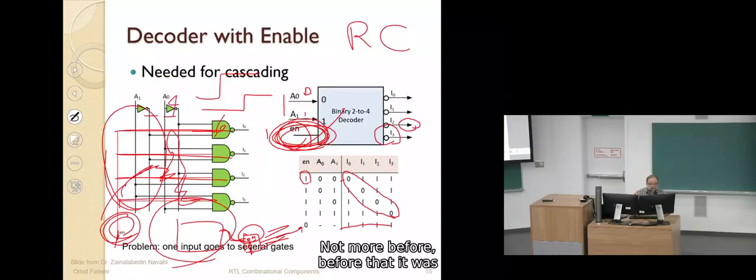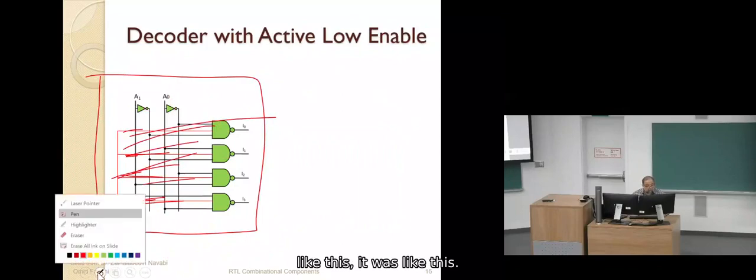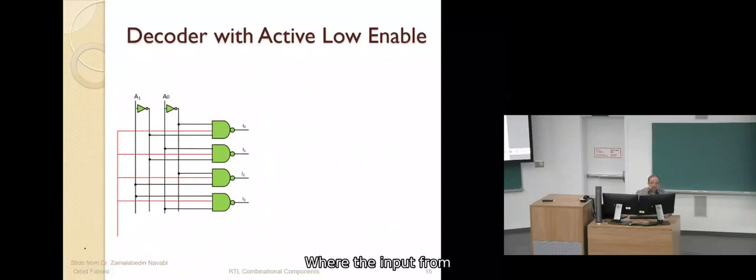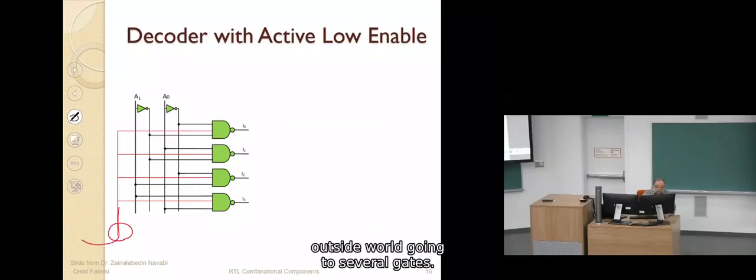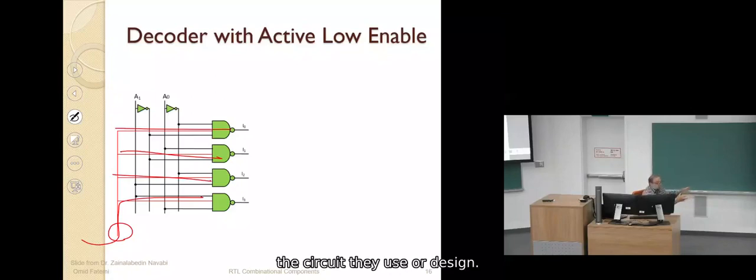Before that, it was like this, where the input from the outside world went to several gates, and it means that it will affect the delay of their circuit. They use our design, and then they get more delay than expected.